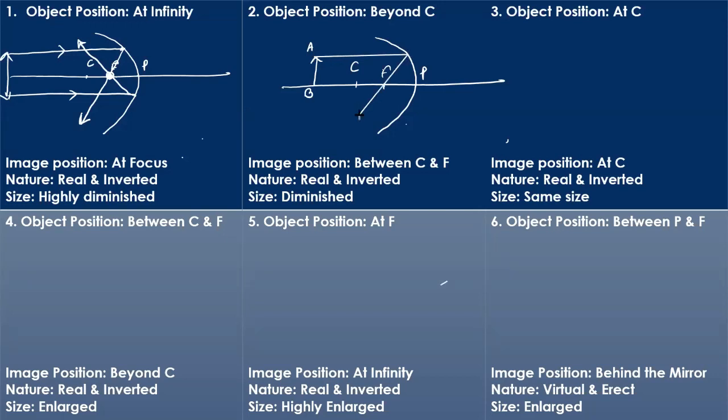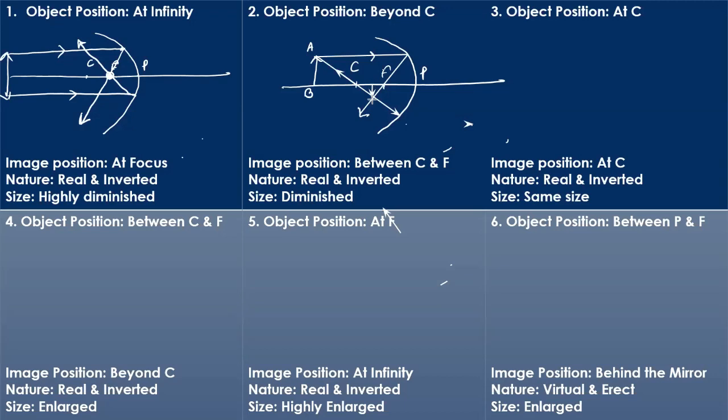It's always important to make arrows because that will show the direction they are going. The second ray which I'm taking would be passing through center of curvature. Whenever it is passing through center of curvature, it comes back along the same path. So now where is my image formed? My image is formed over here.